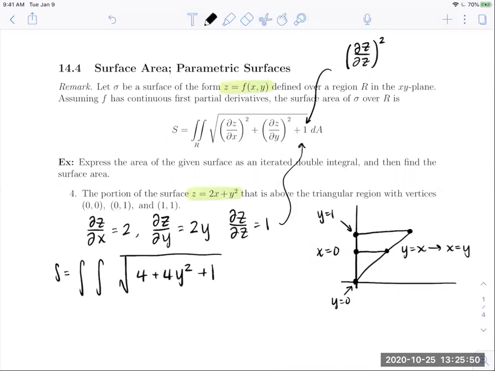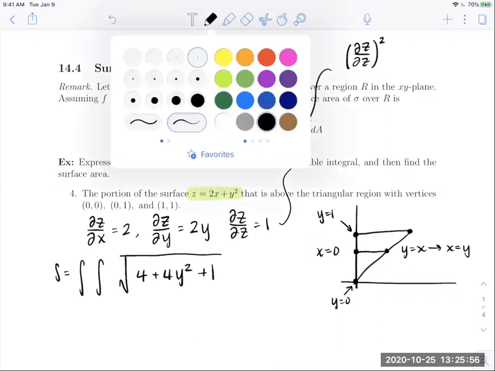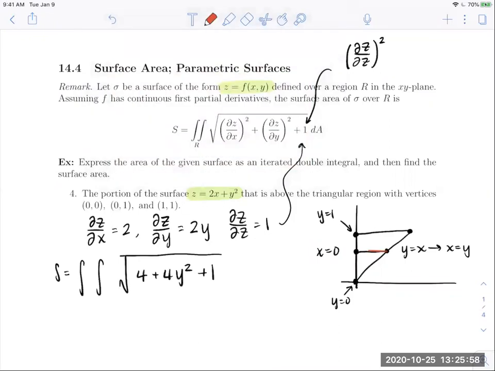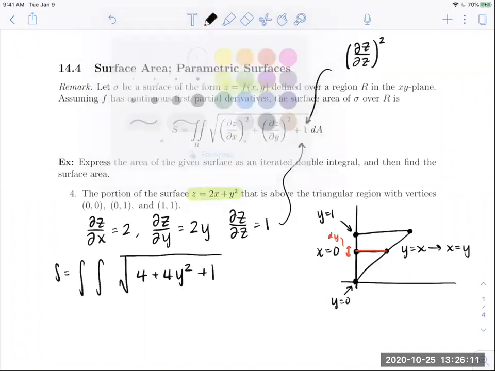And then my dA, I need to decide, do I want dx dy or dy dx? And so if I look back at my horizontal slice, my thickness is in the y direction. So that tells me that my dy differential will be on the outside, which leaves my x differential on the inside.